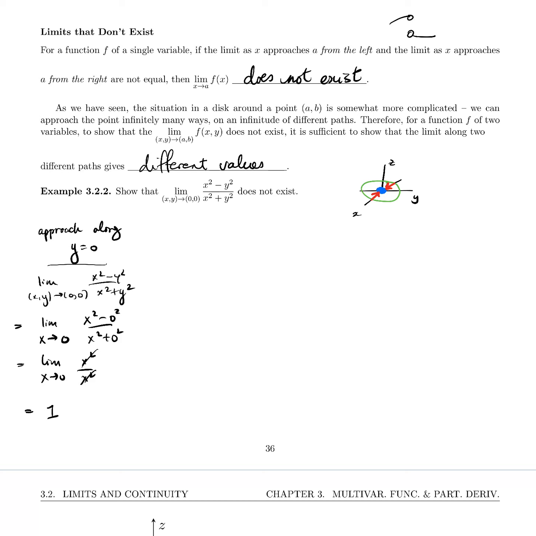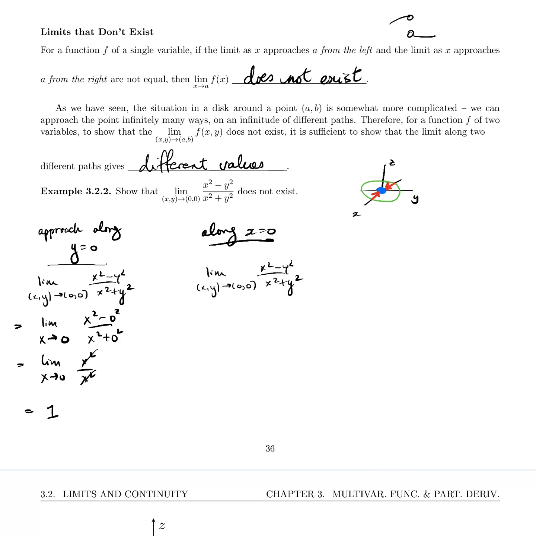If we change our approach now along a different path and we look along x equals 0, that would be approaching along the y-axis, from either direction. Let me just save myself a little writing and copy this.